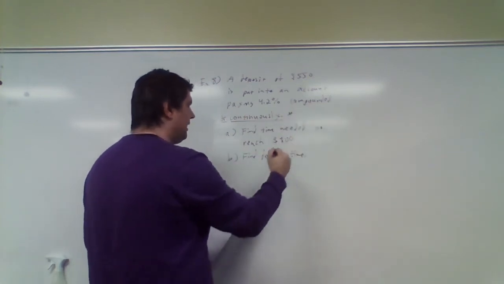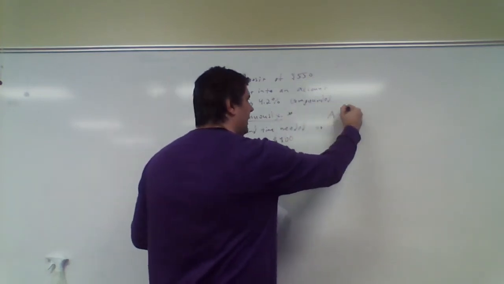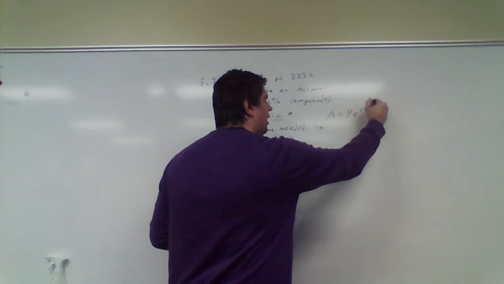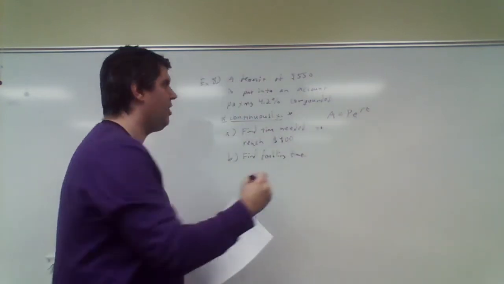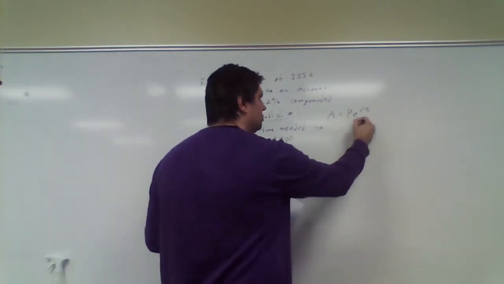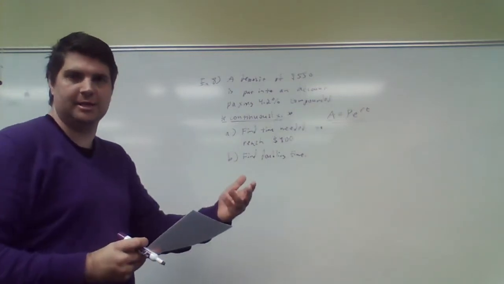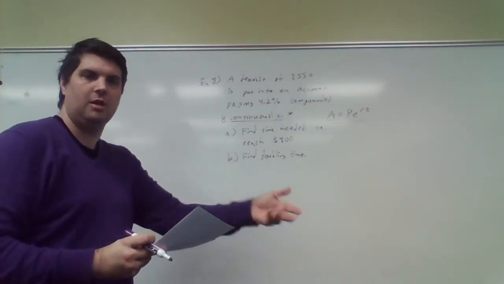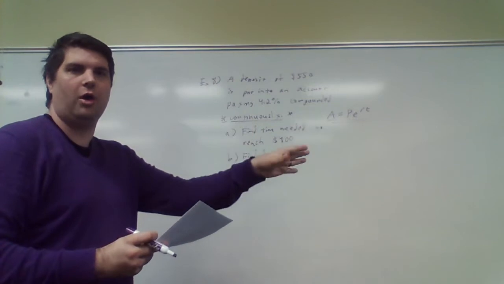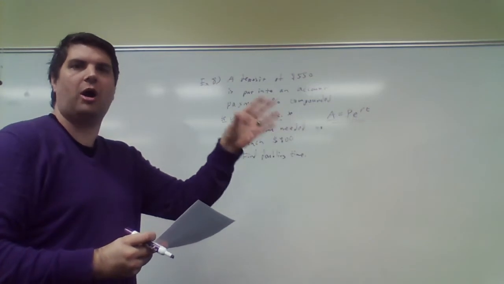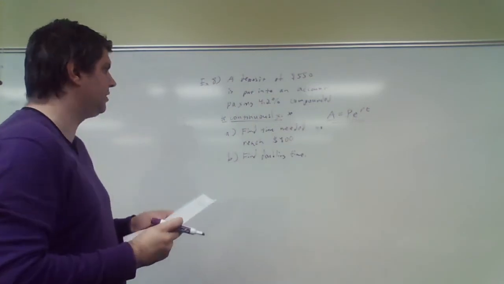So the formula is A equals P e to the rt power. That's the formula that we would use because it's compounded continuously. If it said anything other than continuously, like monthly, quarterly, or annually, we'd use the other formula for compound interest.